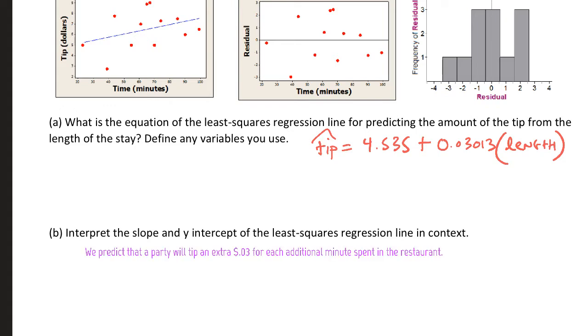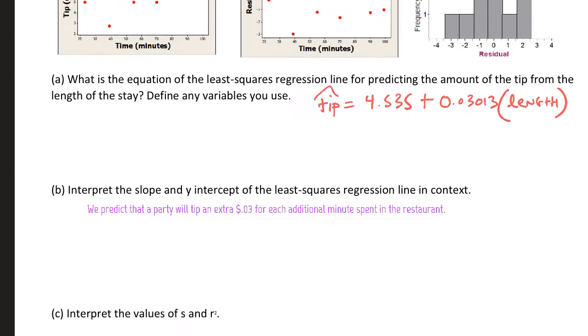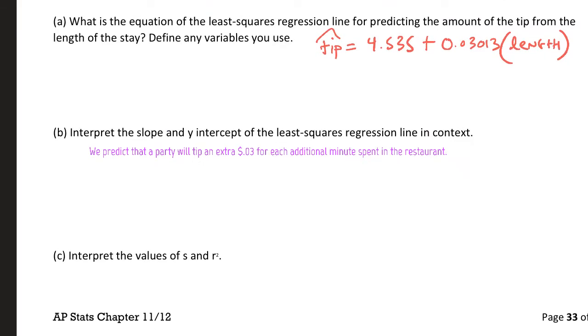Now the y-intercept, 4.535, and we would say we would predict, always the word predict, that a party that stayed here for 0 minutes would leave this much tip. Maybe we shouldn't have said it with so many decimals, because that doesn't really make sense.